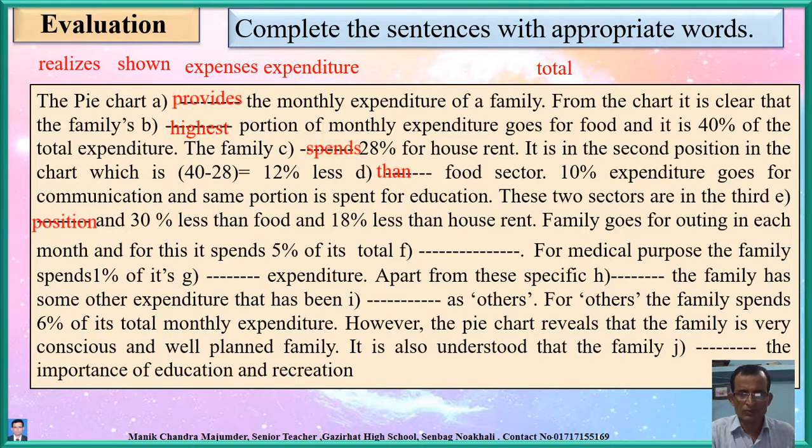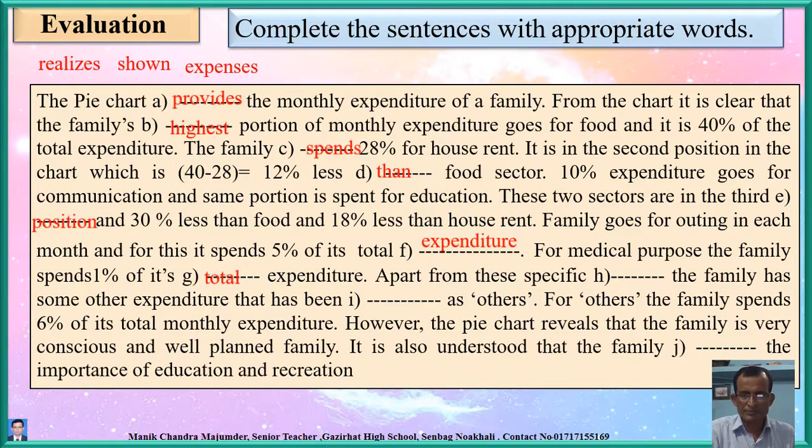The family goes for outing each month, and for this it has spent 5% of its total expenditure. For medical purpose, the family spent 1% of its total expenditure.